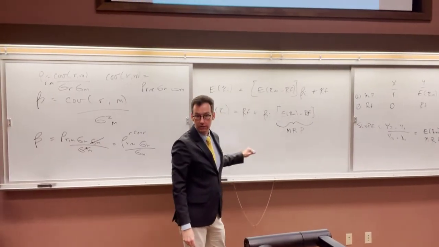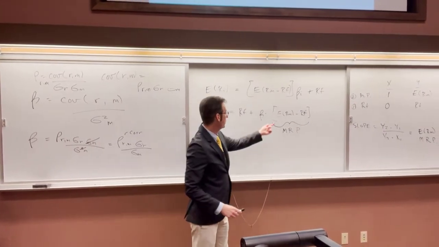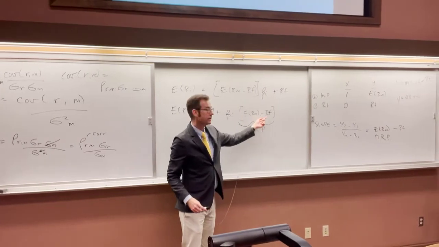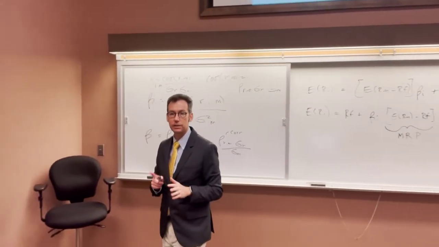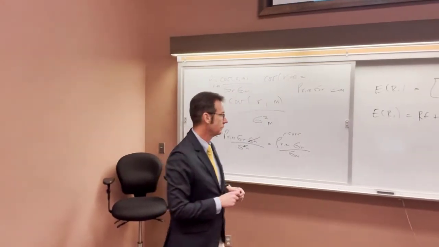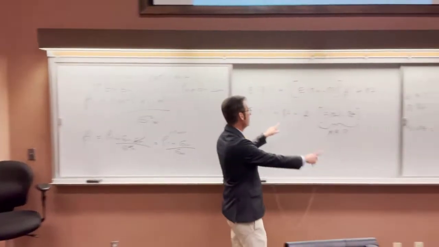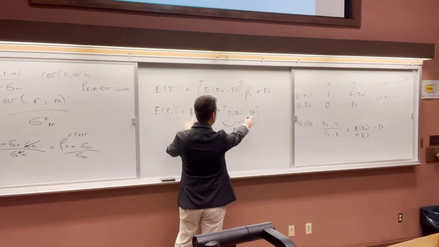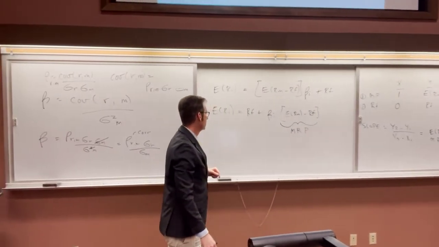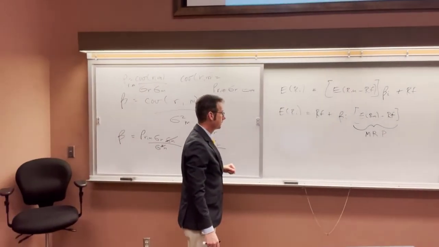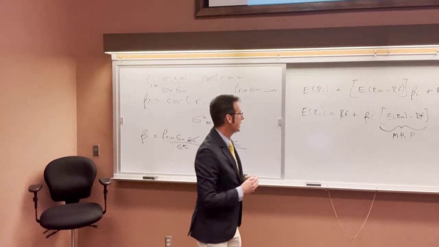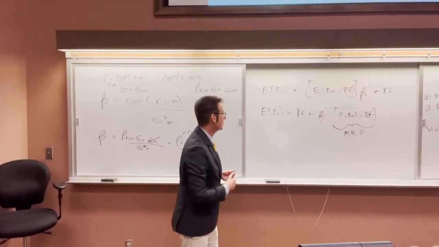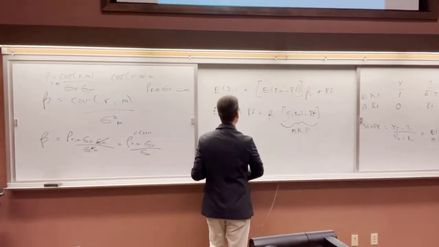If they are giving you the expected return on the market, you have to subtract that out before you multiply by beta. Does that make sense? I want you to also notice that the risk-free rate shows up twice in the equation. Okay. Now, let's talk about something else that I think is interesting, and that is what happens if we subtract the risk-free rate from both sides.